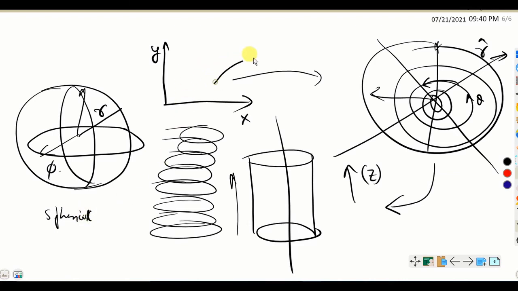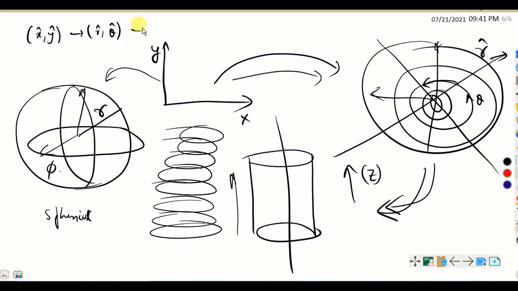So from here we can move here, from here we can go here, and from here we can also generate this one. So we can transform our coordinate system from one variable to another, like x hat, y hat to r hat, theta hat, and again in a 3D system to r, theta, z.